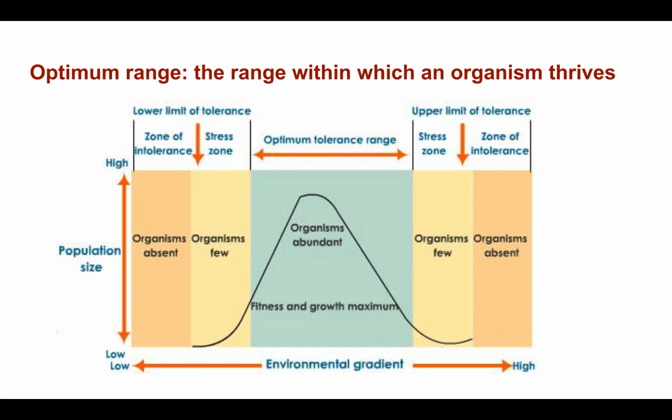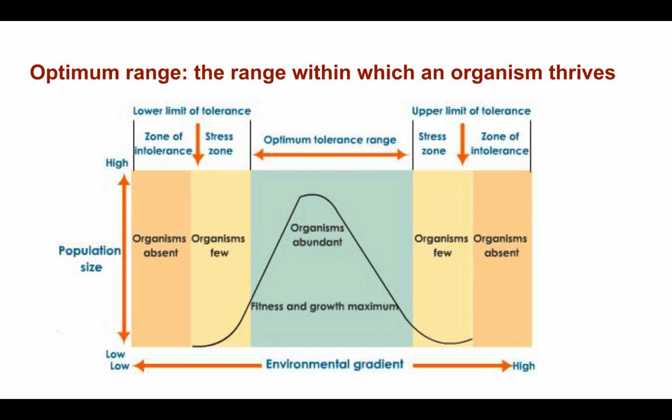This is a diagram that you're going to find confusing, so just have a little look at it. I'm going to read you through it. If something is optimum, it's the best. Optimus Prime, he's the best one of those transformers. Optimum range is the best.